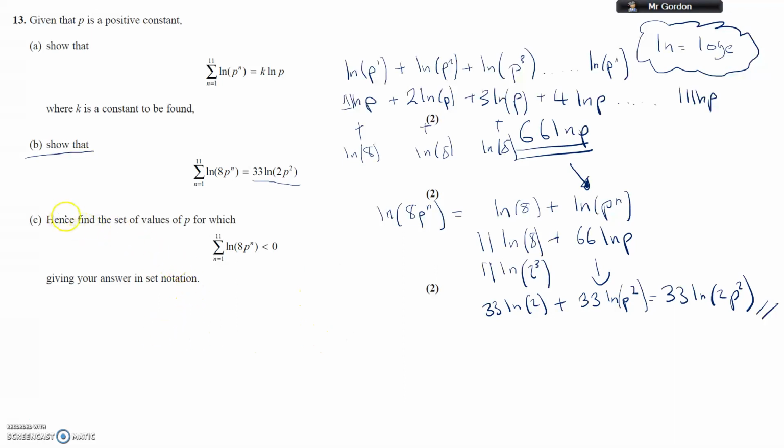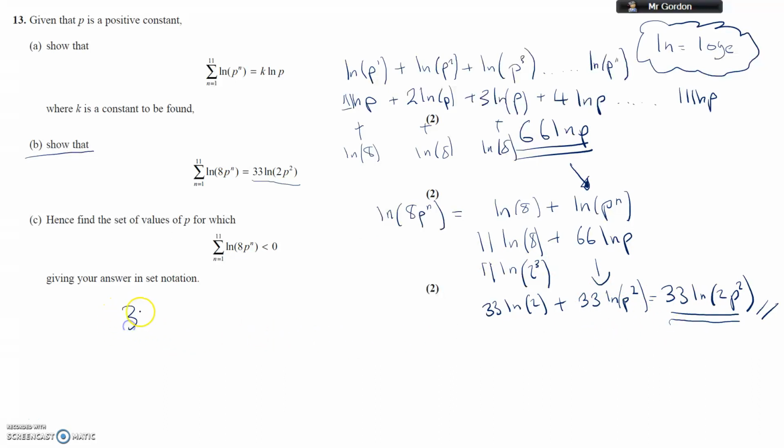Last part, we're trying to find a set of values which make this kind of sequence less than 0. So the summation of this sequence less than 0, we're going to use our answer here to start with this, because that is the actual answer. When is that less than 0?